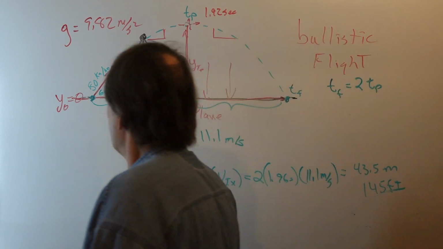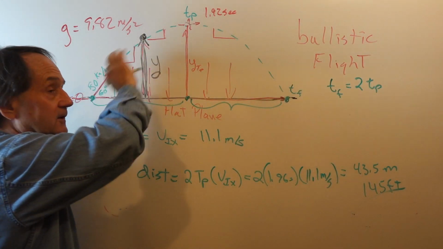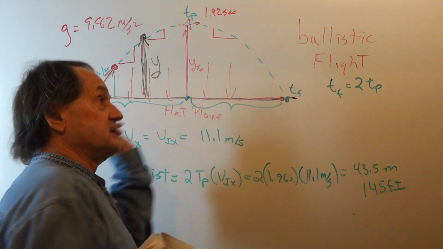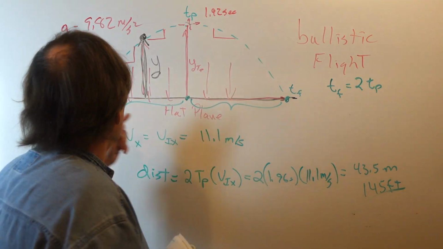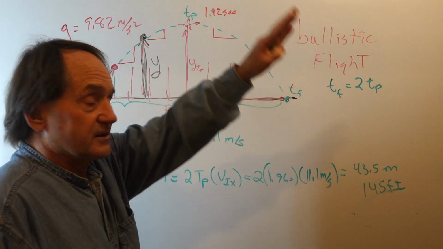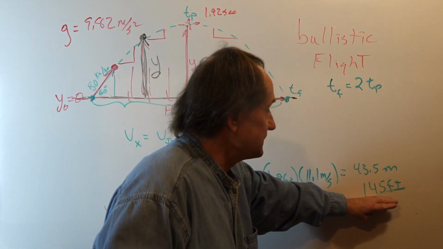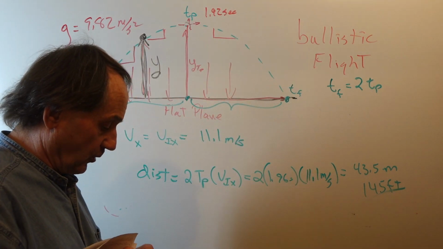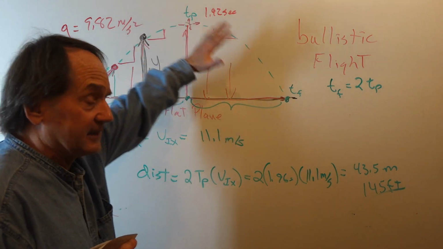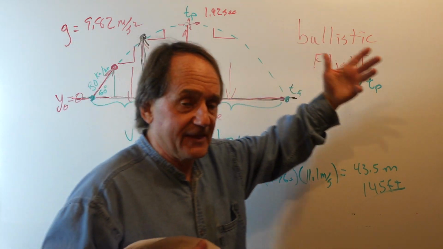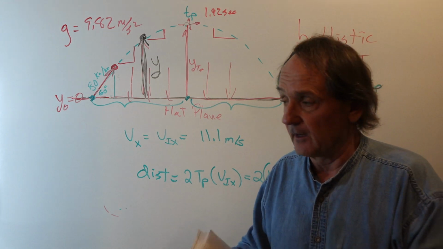So, if you throw an object at 80 kilometers per hour at a 60-degree angle from the horizontal of the Earth, it will go out a distance of about 145 feet. And of course here what we're doing is we're neglecting air friction, drag due to the air molecules on the object.